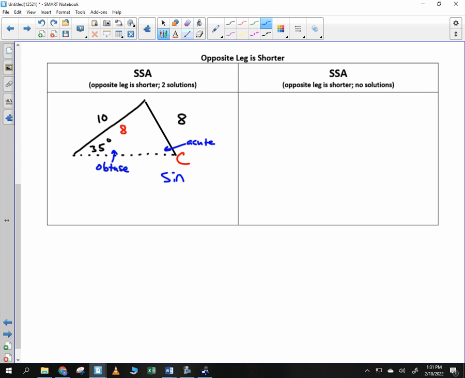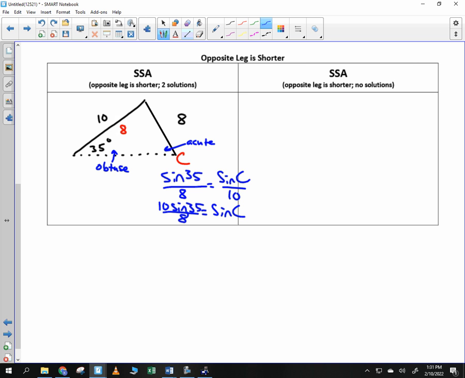If we were to solve for angle C, we would take sine of what over what? 35 over 8. Way to go. Now, if I wanted to solve for sine of C, what would I do to both sides? Multiply by 10, and I would get 10 sine of 35 over 8 is equal to sine of C. Everybody with me?